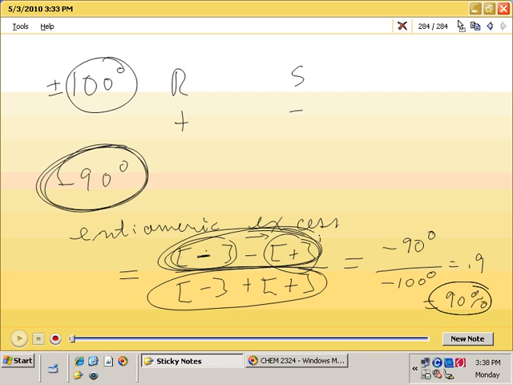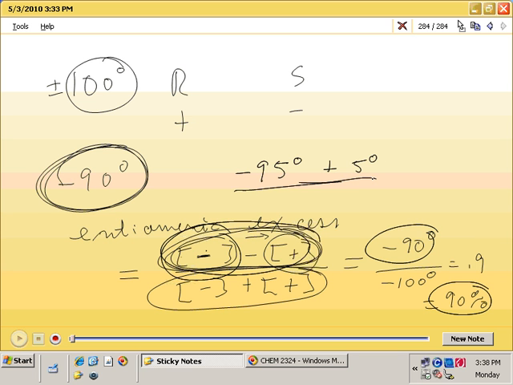To get this 90 number, what you really had, and let me show it to you this way, was 95 percent of the sample rotating minus 95 degrees, and then your other percentage of the sample rotating 5 degrees in the opposite direction.